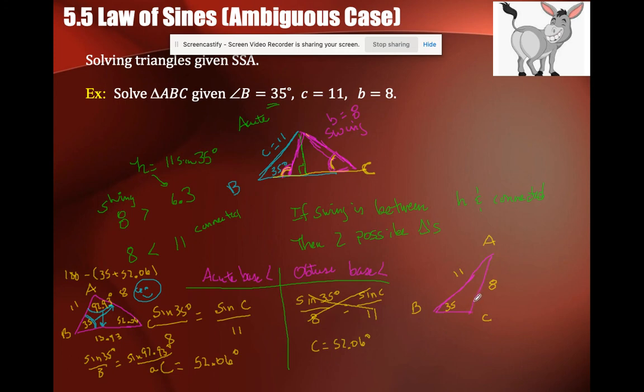What's the relationship between the size of this angle and the size of this one? I've got to get to 180 that way. So that's angle C. How do I get angle A?